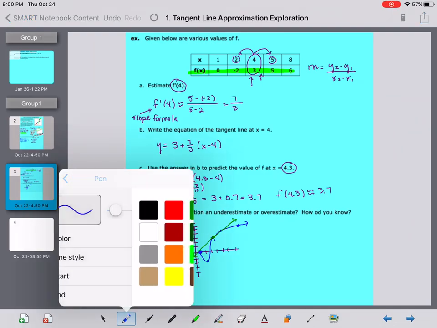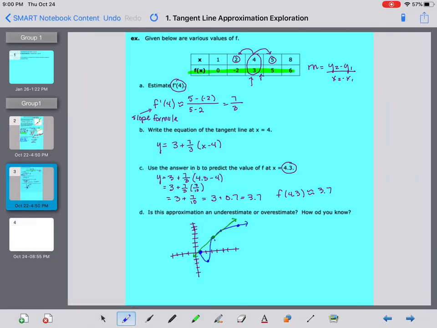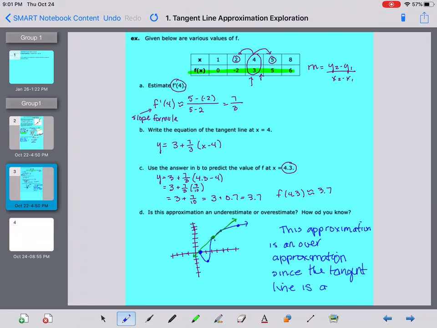And because that tangent line is on top, I can say that this approximation is an over approximation, since right now the tangent line is above.